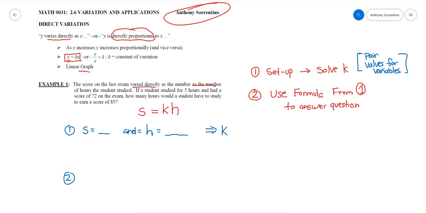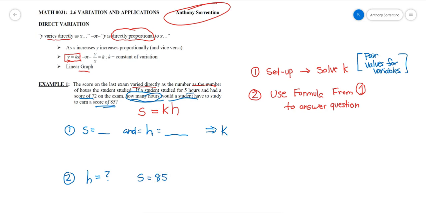The question tells me if a student studied 5 hours and had a score of 72, how many hours would a student have to study to score an 85? So we're looking for how many hours to score an 85. When I start this off, I'm not going to know the number of hours. I know the score I'm looking to achieve is an 85.